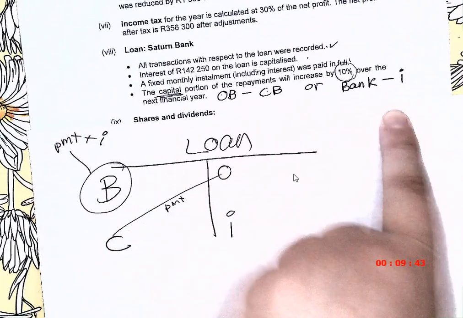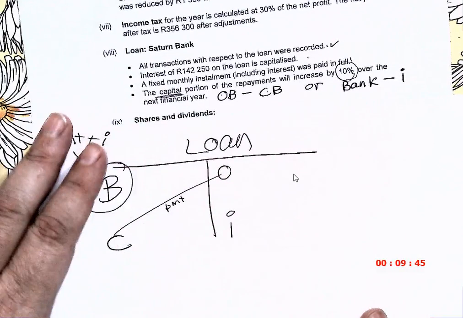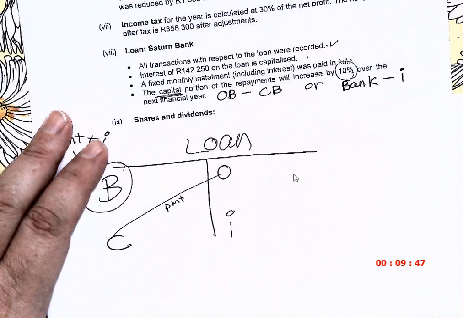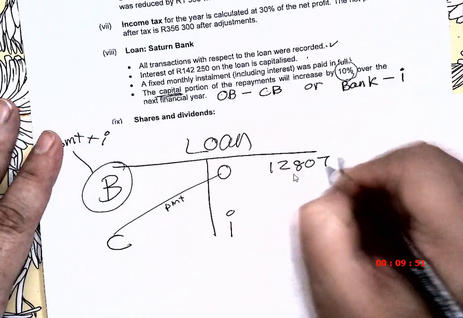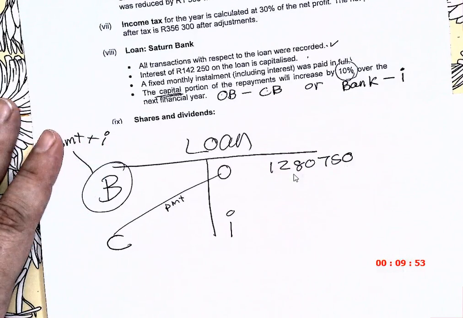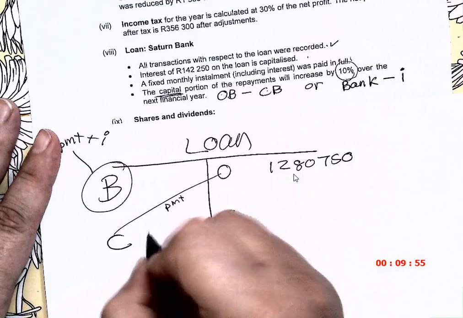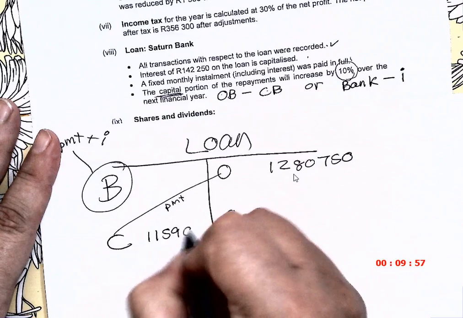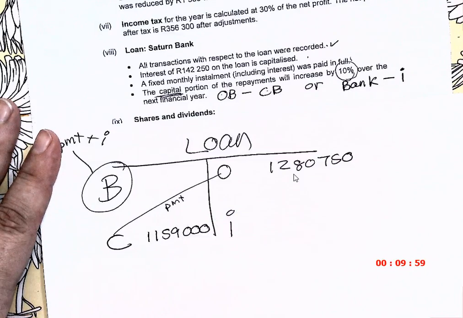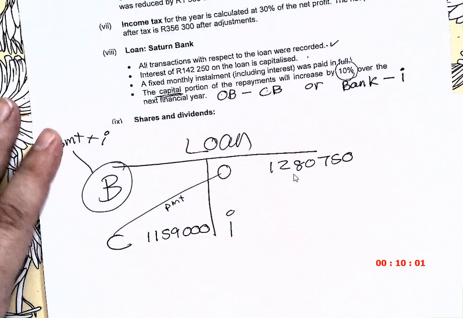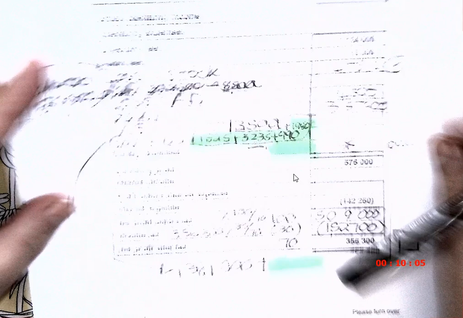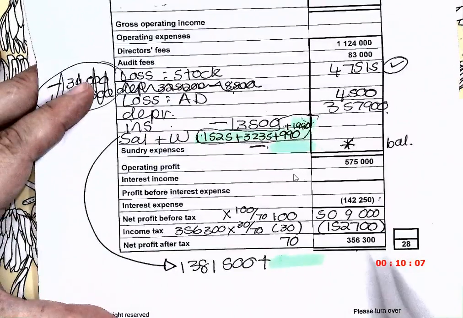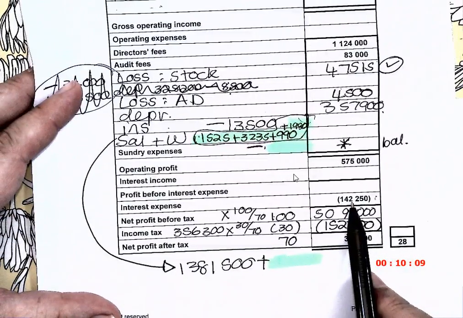Okay. So let's start. They give me opening for loan 1,287,500. They give me a closing 1,159,300. They give me an interest, and can I say, interestingly enough, I've had papers where they didn't tell me the interest, but they gave it to me.